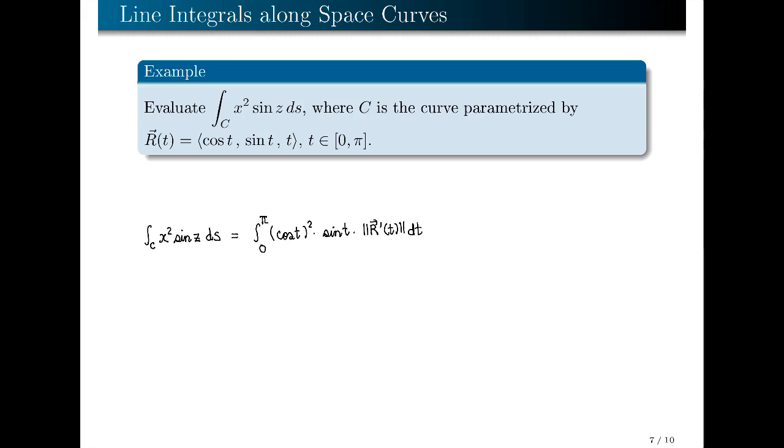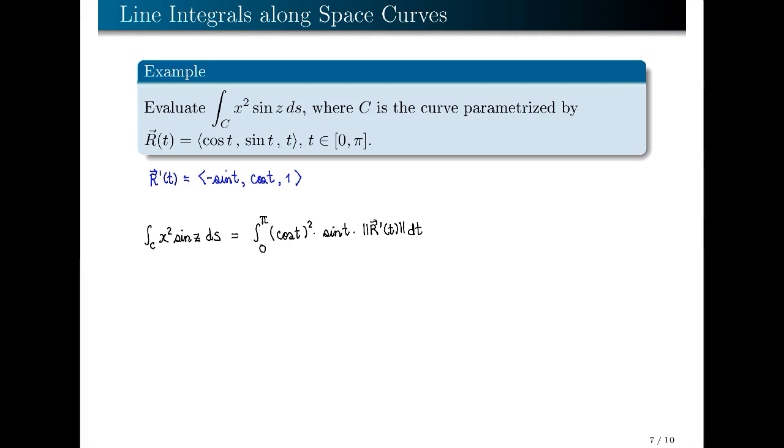For the magnitude of r prime of t, we need to compute first for r prime of t. Here, r prime of t has components negative sine of t, cosine of t, and 1, which are the derivatives of cosine t, sine t, and t, respectively.